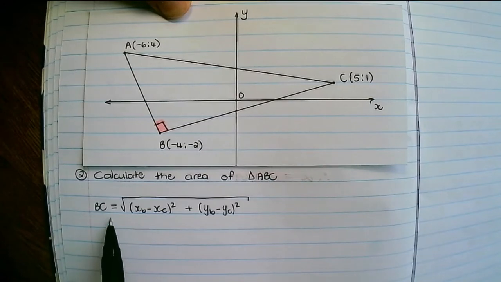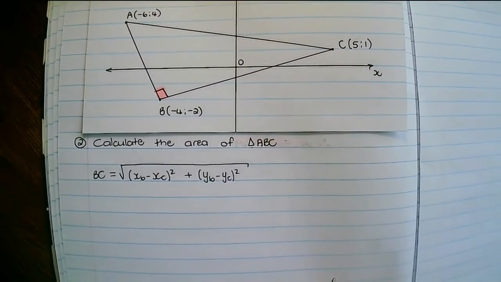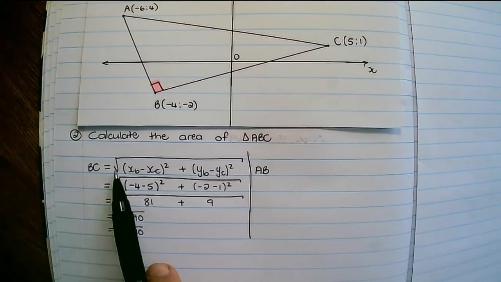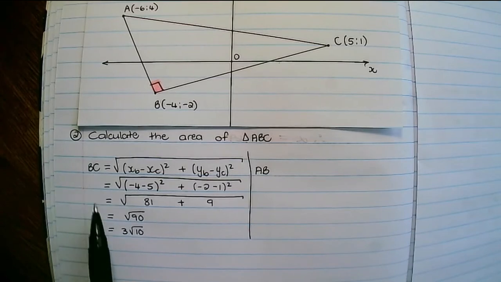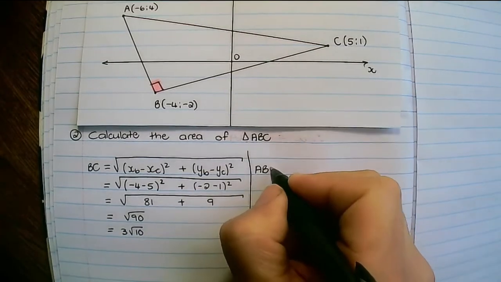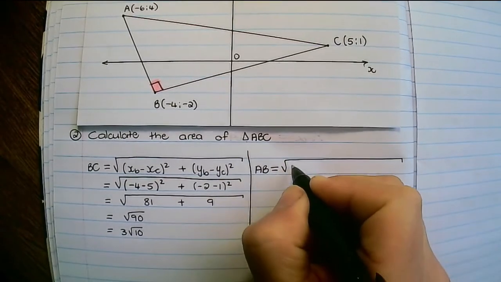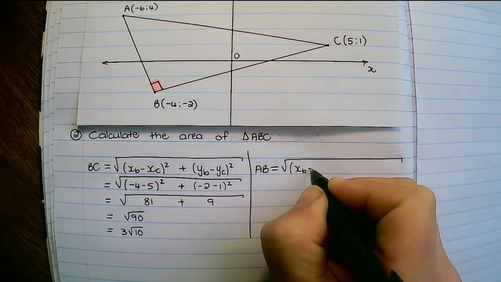So I use the distance formula to find the length of BC. Using the distance formula, substituting the correct values in and simplifying, I find that the length of BC is 3 square root 10. And now I would use the distance formula again to find the length of the line AB.